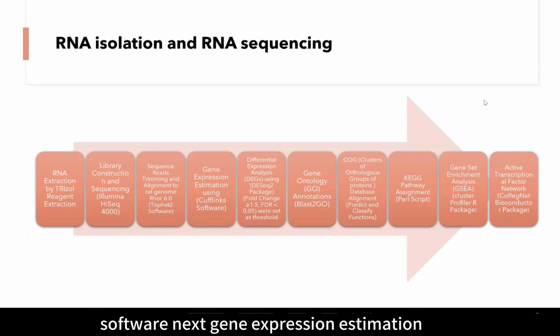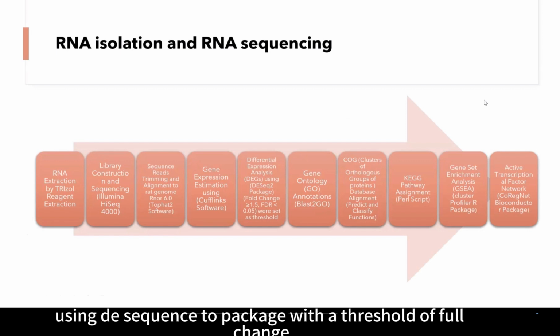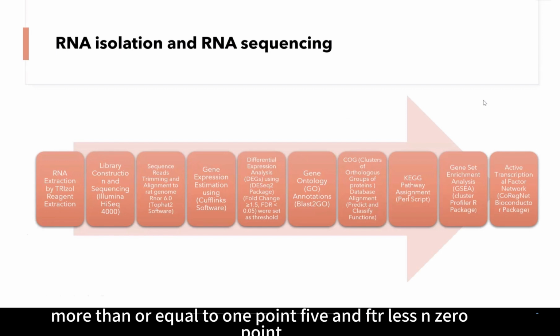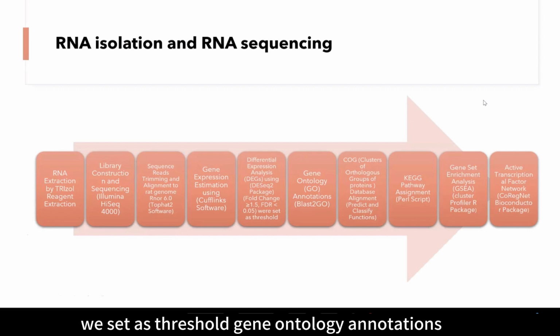Next, gene expression estimation using Cufflinks software. Differential expression analysis, DEGs, using the DESeq2 package, with a threshold of fold change greater than or equal to 1.5 and FDR less than 0.05.